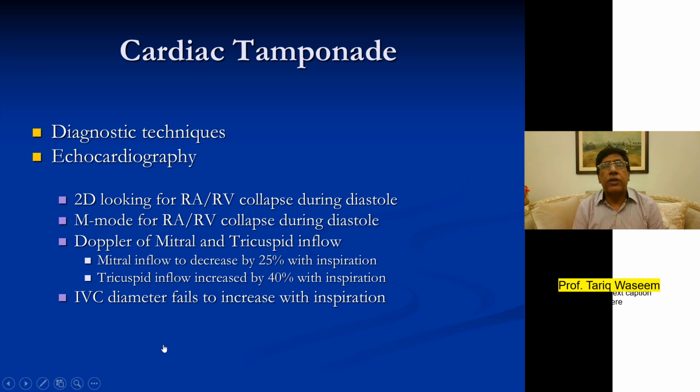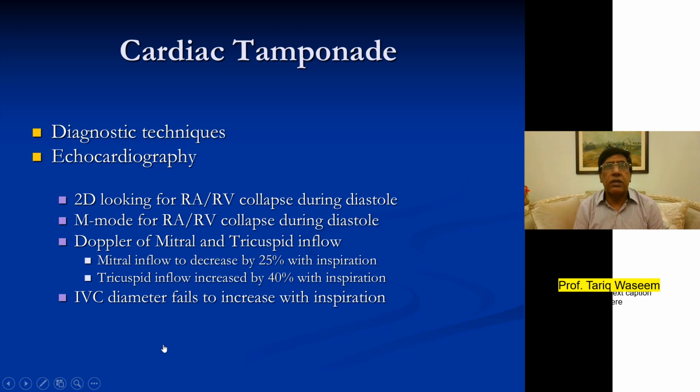When you apply the Doppler technique, you can notice that the mitral inflow can be decreasing more than 25% with each inspiration, or tricuspid inflow may be increasing by more than 40% with inspiration. The inferior vena cava diameter fails to increase with inspiration.